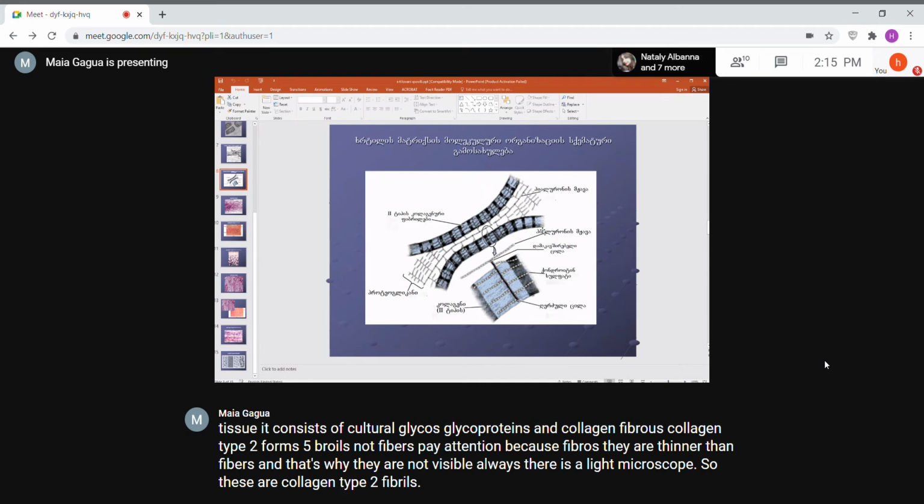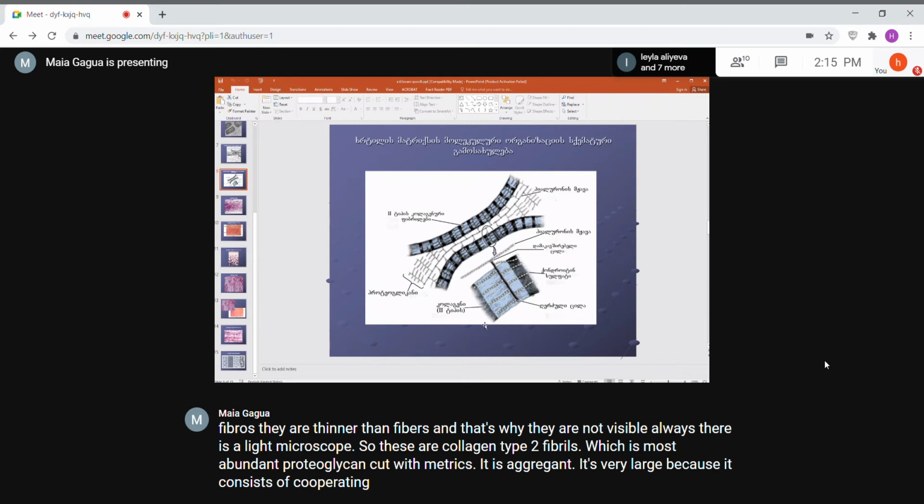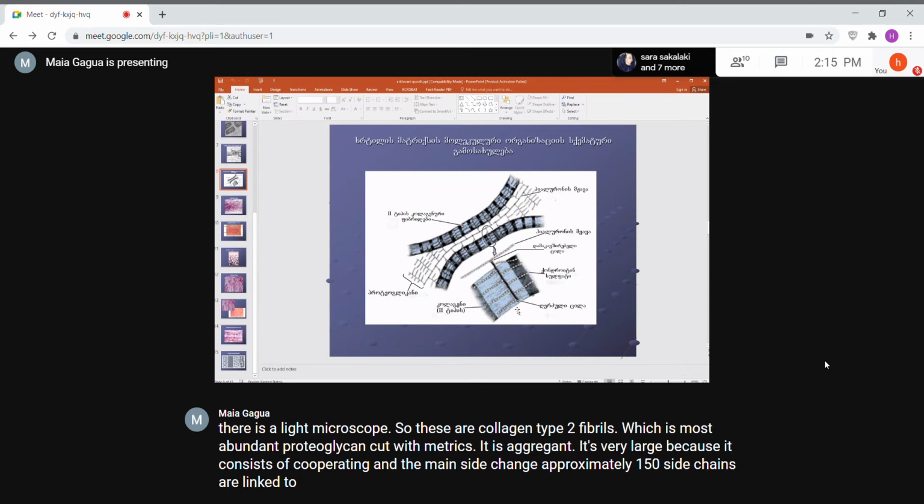The most abundant proteoglycan in cartilage matrix is aggrecan. It's very large because it consists of a core protein and many side chains. Approximately 150 side chains are linked to the core protein.